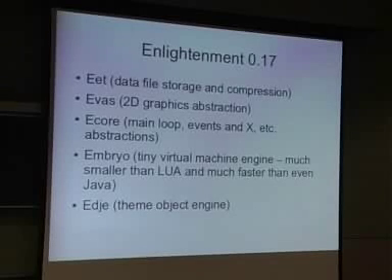Now, E17 is backed by a lot of libraries that are actually separate, and they're shipped separately, developed as a set of modular units that you can plug in. There's Eet, which is a really tiny thing. I called it Eet because when you link to it, it's minus leet.